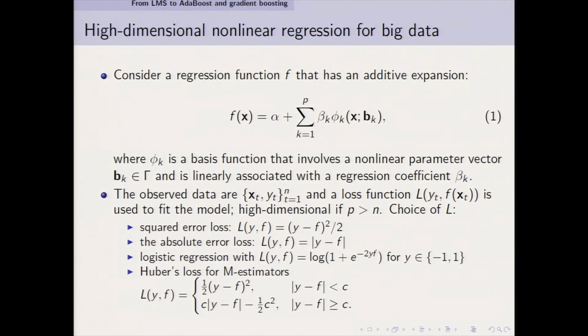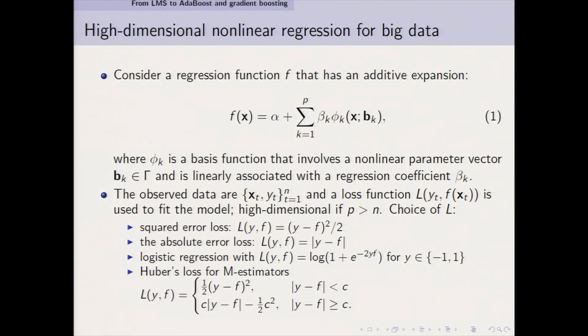So the observed data are (x_t, y_t), and you have a loss function L(y, f) that is used to fit the model. And it is high dimensional, if you have a lot of bases, p is bigger than n. So the choice of L is squared error, which is what we usually do when we talk about least squares.